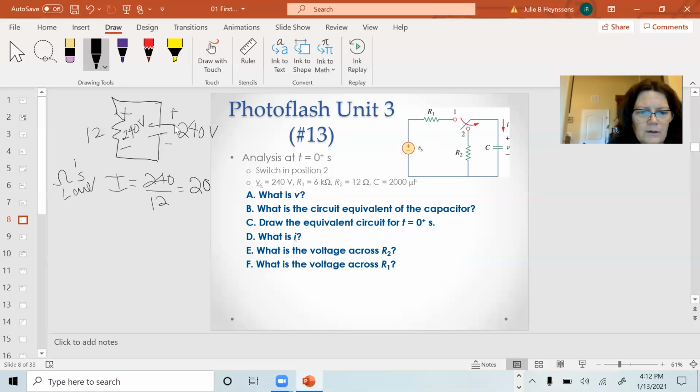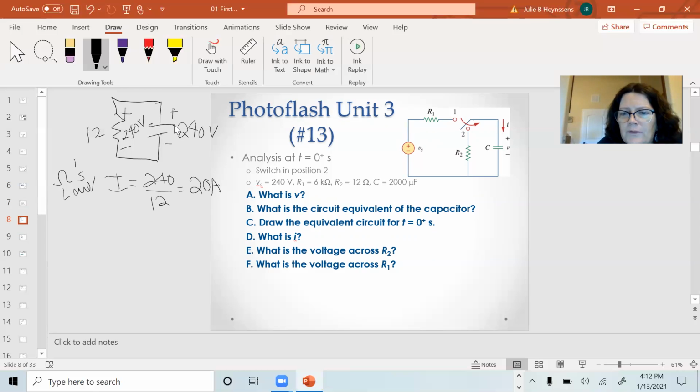Wow. So the current at 0 minus was 0. And in that instantaneous, infinitesimal bit of time when I threw the switch, it jumped to 20 amps. I got a huge current spike out of it.